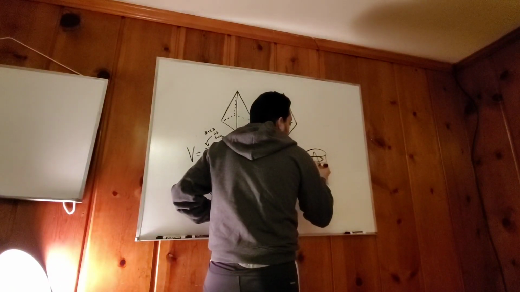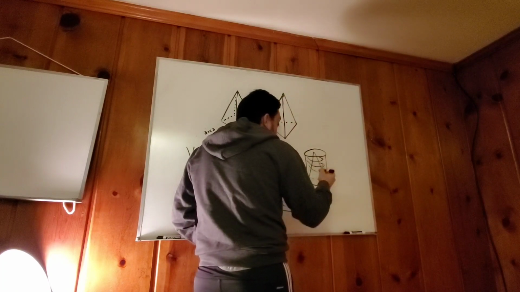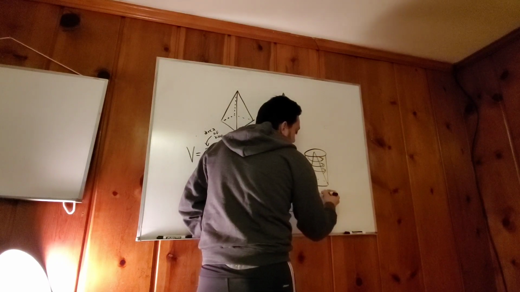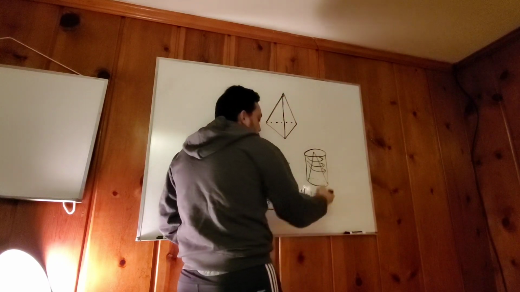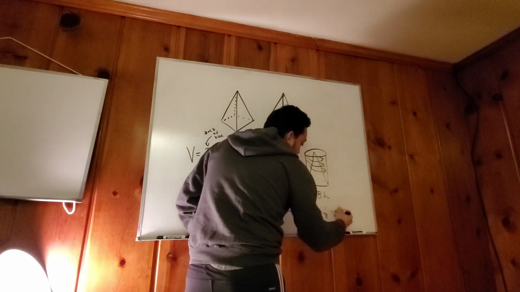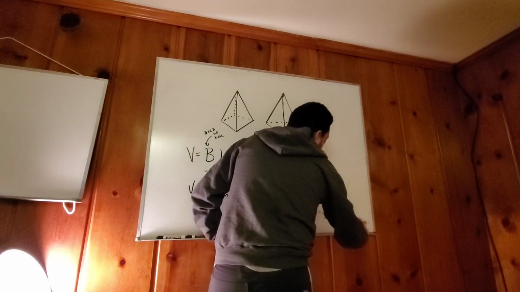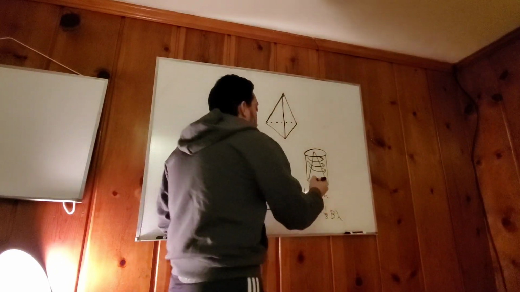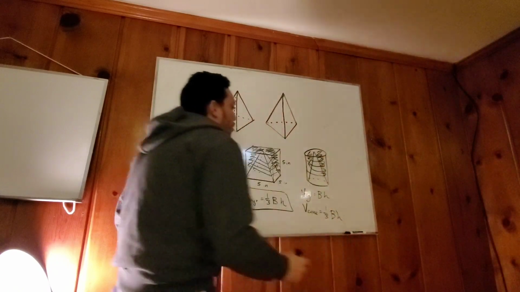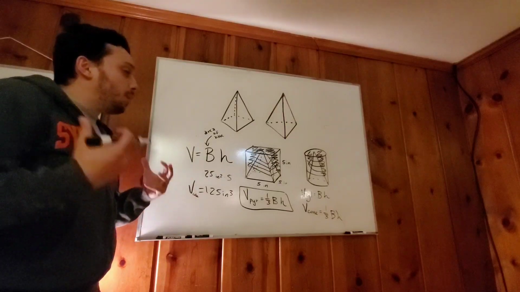We are not going to fill the whole cylinder. The volume of a cylinder is the area of the base times height. Well, the volume of the cone is going to be 1/3 of the area of the base times height. It's the same principle as the one I just showed you with the pyramid. It just doesn't fill up the whole thing.